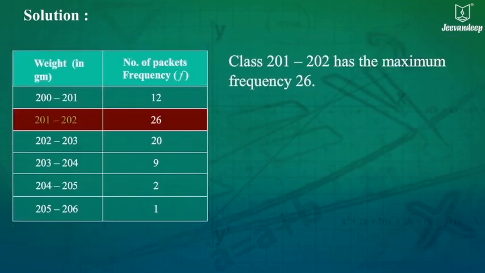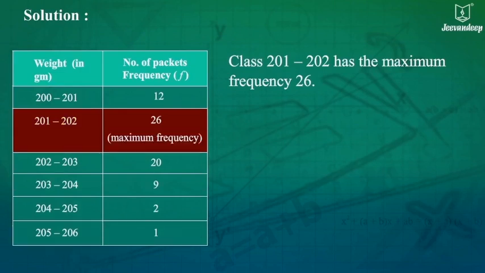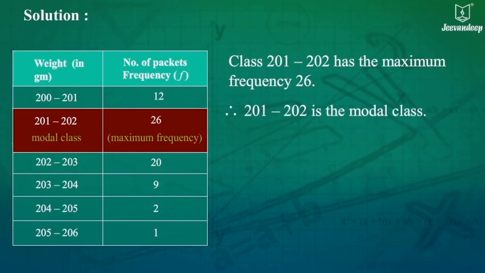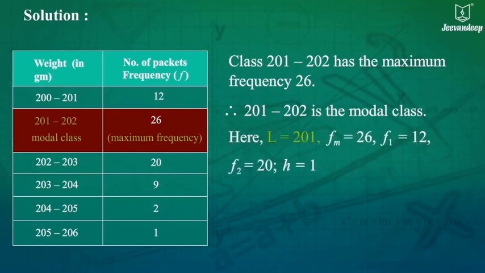Class 201 to 202 has the maximum frequency 26. Therefore, 201 to 202 is the modal class. Here, L equals 201, Fm equals 26, F1 equals 12, F2 equals 20 and H equals 1.